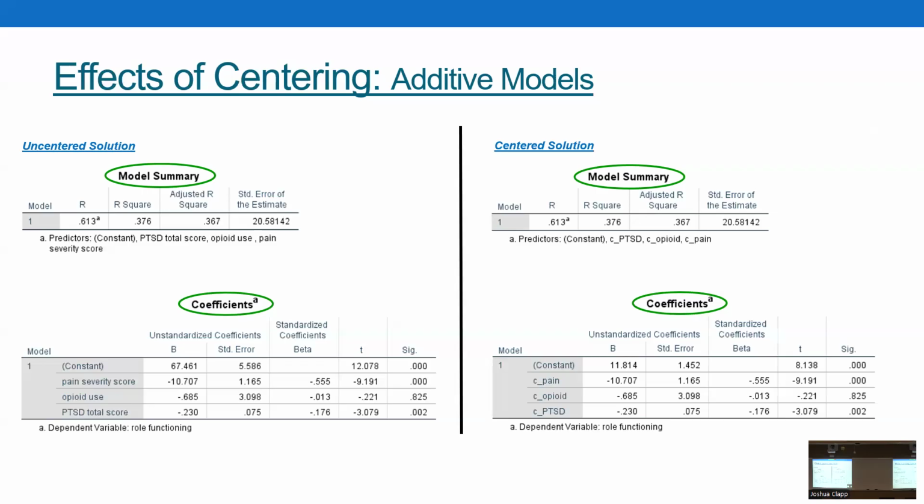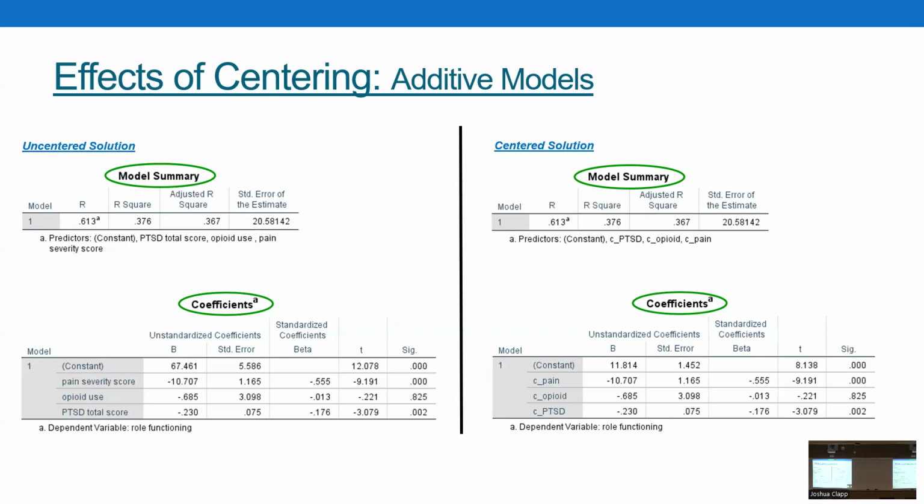What you know in the centered solution is that 0 means a different thing for those variables than it does in the uncentered solution. Here 0 means no pain, no opiate use, and no PTSD. Here it means average levels of pain, average levels of PTSD, and the split between opiate use and non-use, the average of opiate use.